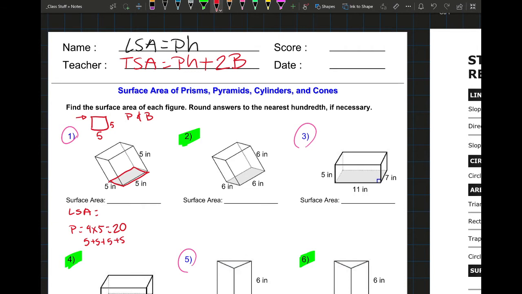Again, uppercase B is just the area of this shape right here, which is base times height, 5 times 5, which is 25. So now I know that P equals 20 and B equals 25.